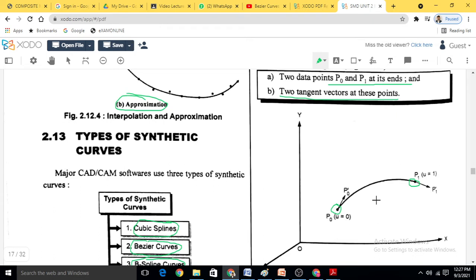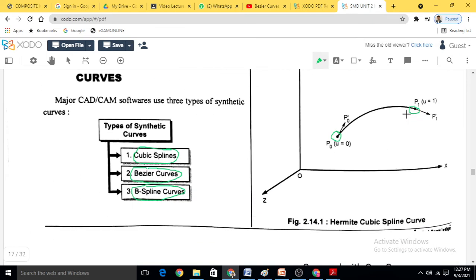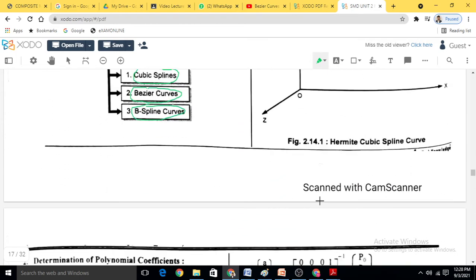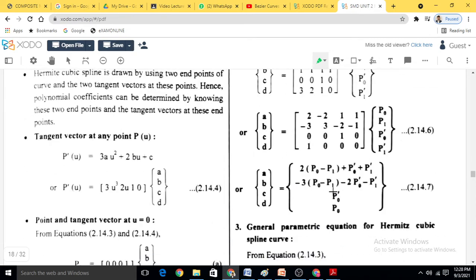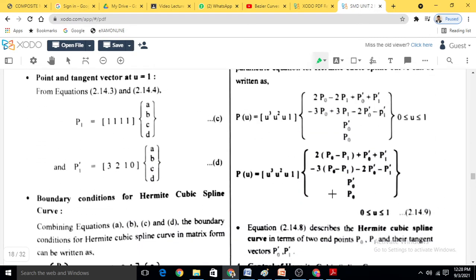If we change the position of these points and the direction of the vector, then we will get a different curve. If we want to change the shape of the curve, we need to change the position of the points and the tangent vector at that point. So this is called the Hermite cubic curve.